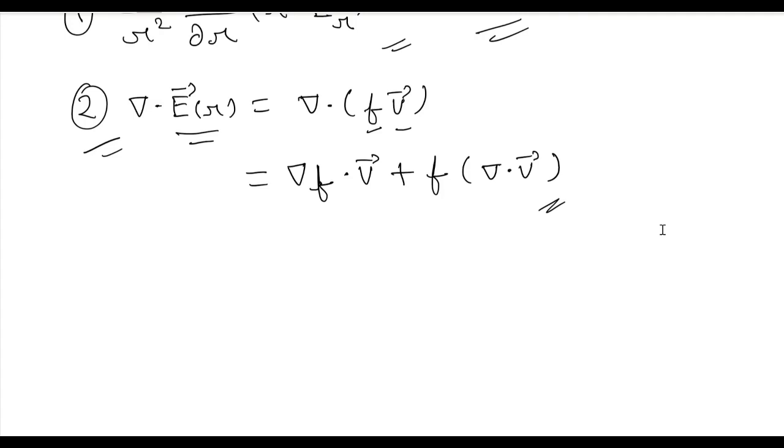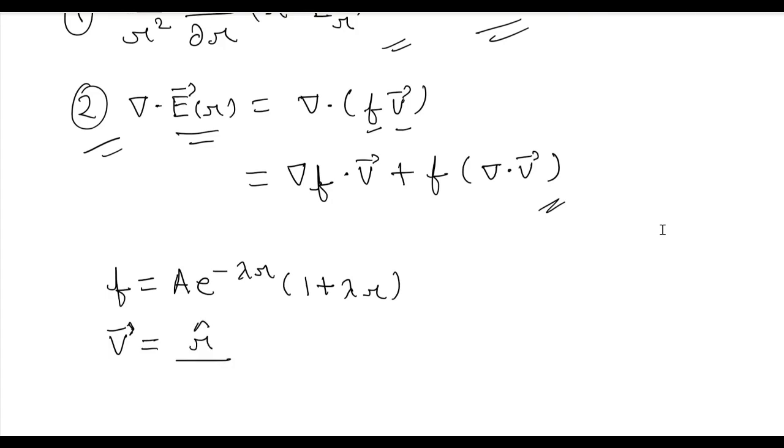One would evidently choose the scalar function f from the electric field to be equal to a e to the power minus lambda r times (1 plus lambda r), and the vector function v to be r hat over r squared.